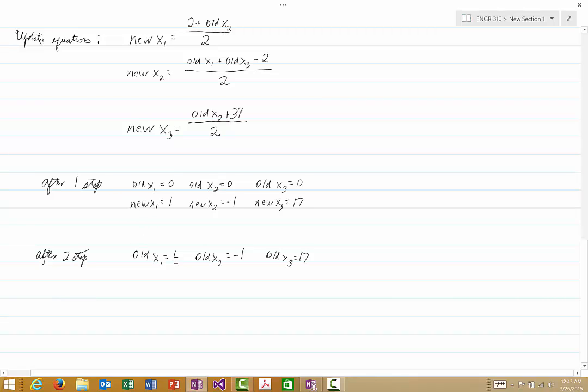So we set old x1 equal to the new x1 from the previous step, old x2 equal to the new x2 from the previous step, and old x3 equal to the new x3 from the previous step. And now we're ready to calculate the new values again. And this time, what do we get? New x1, new x2, new x3. And what are the values at the end of step 2?